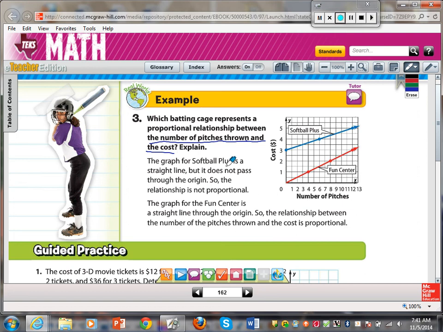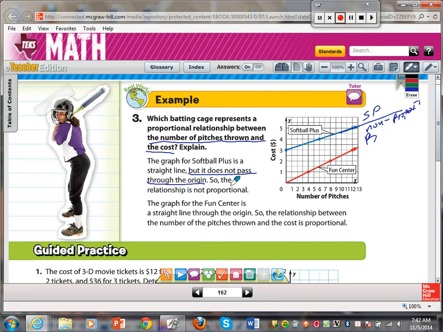The graph for Softball Plus, let's put SP, Softball Plus, is a straight line, but it does not pass through the origin. So the relationship is not proportional. So this one is non-proportional.